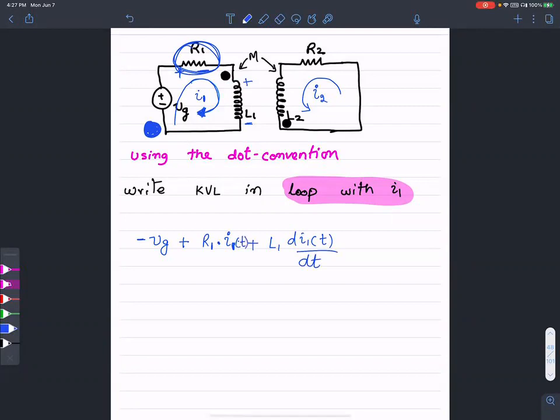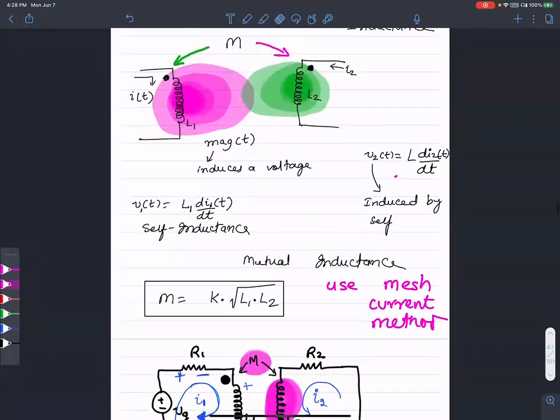But that's not it, because I still have to take into account the mutual inductance. The mutual inductance is M, and it is coming from the magnetic field that's setting up a voltage here. That's the idea of mutual inductance, right? The green magnetic field is inducing a voltage in L1.